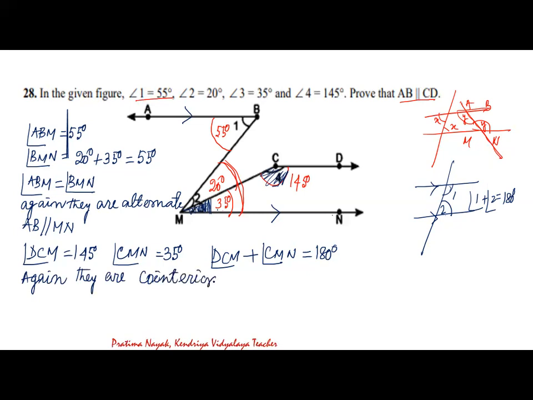So when co-interior angles make a sum of 180 degrees, CD is parallel to MN. So AB parallel to MN, we have proved already. Now MN is parallel to CD, we proved now. So from these two, I can write AB is parallel to CD. So it is proved.